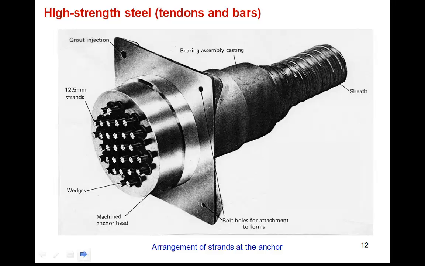And this is a picture of an anchor, showing how the pre-stressing wires are held at the end, mostly for post-tensioning. As you can see here, it uses the wedge type anchor. If I draw the picture, the anchor will look like this, and it will be anchored in this hole.